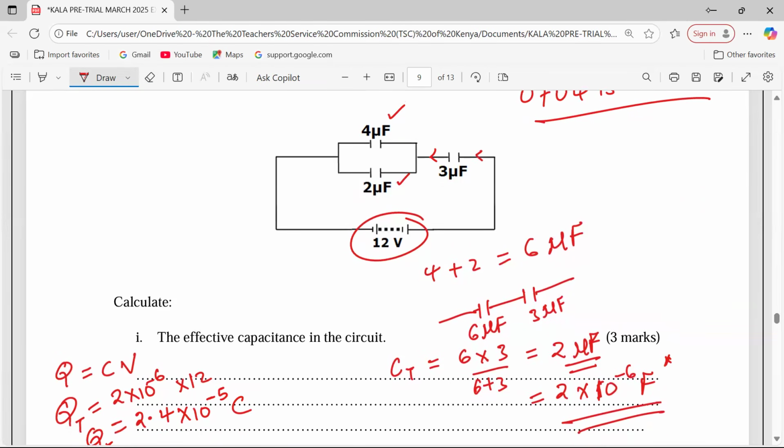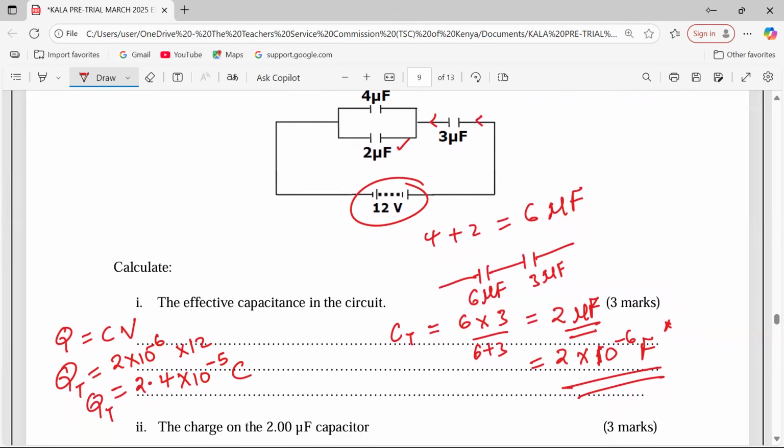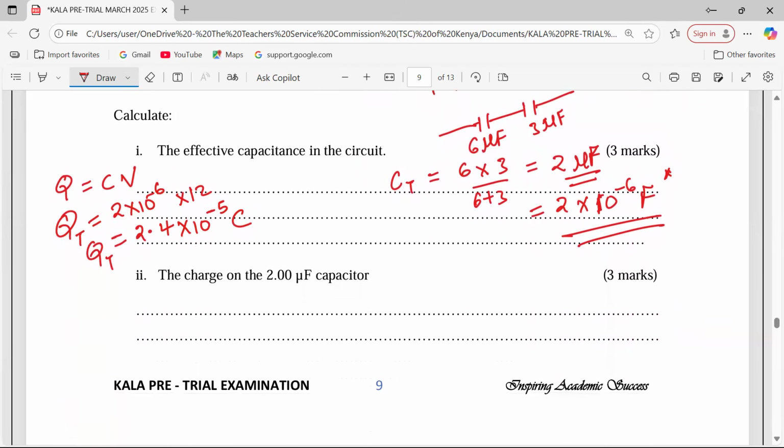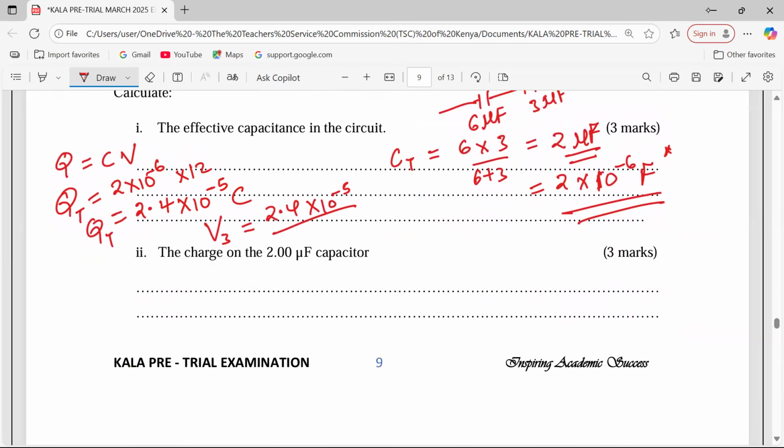And now you should know, if the total charge flows there, there is a voltage drop at that one. So we can get the voltage at the 3 microfarad capacitor. Voltage is given by Q divided by C. The C there is 3.0 times 10 to the power negative 6.